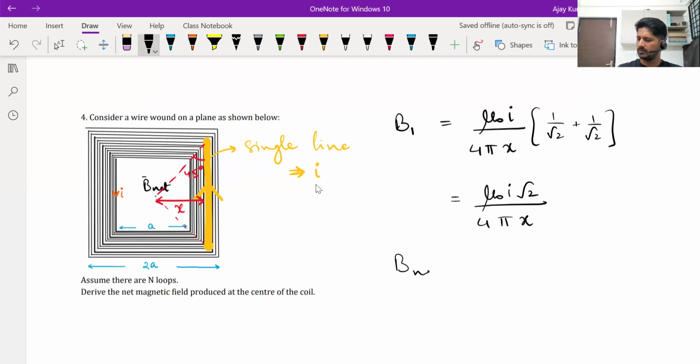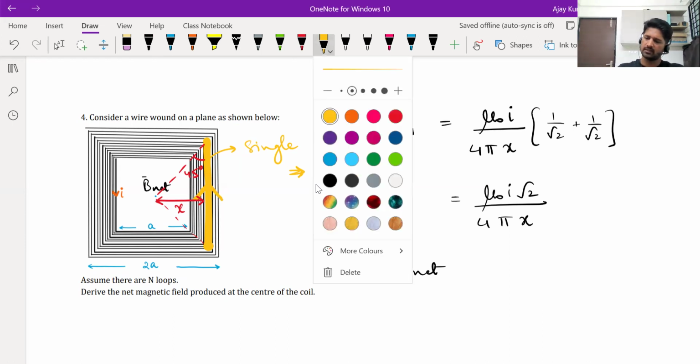But we need the total magnetic field. What can be done? Can you just multiply this with 4, such that you cover a square like this at the distance x?